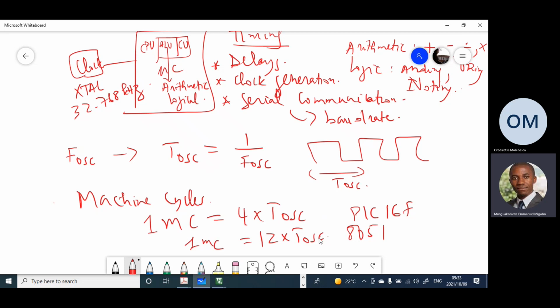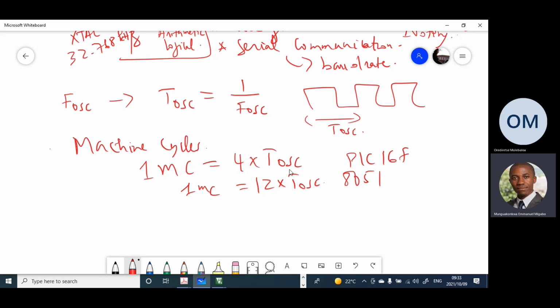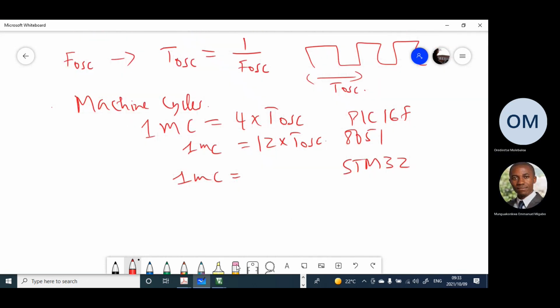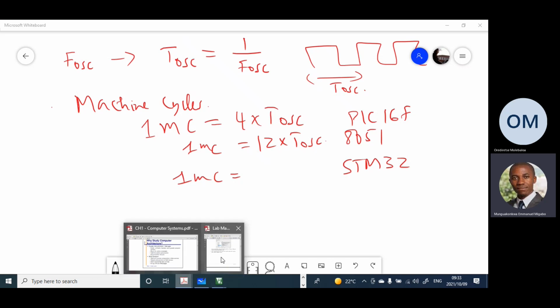Now, in this subject we are studying with the STM32 microcontroller, we need to get from the data sheet how many clock pulses one machine cycle is. Let me just go to the data sheet.